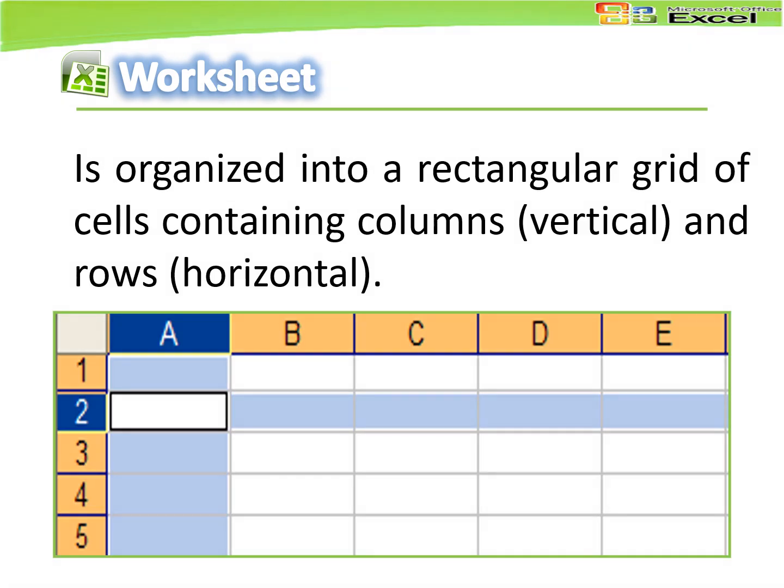And next we have this worksheet. It is organized into a rectangular grid of cells containing columns and rows. So we call this worksheet, where you put in your data in your cells.